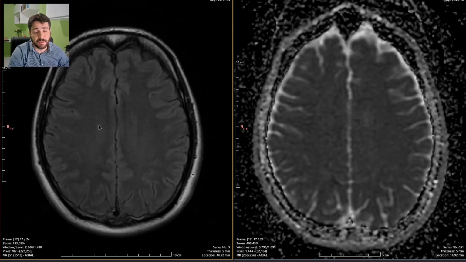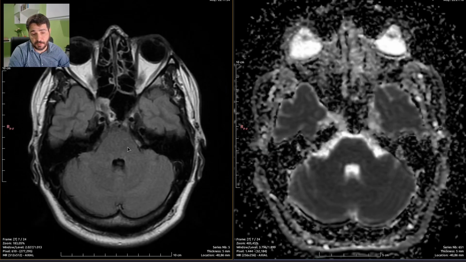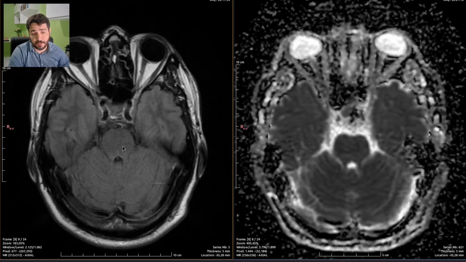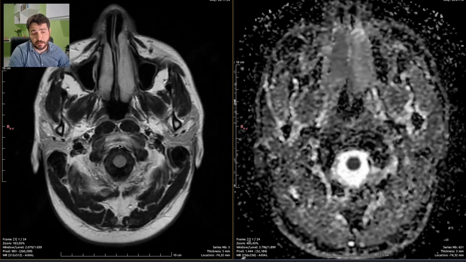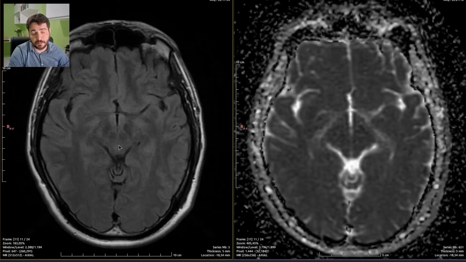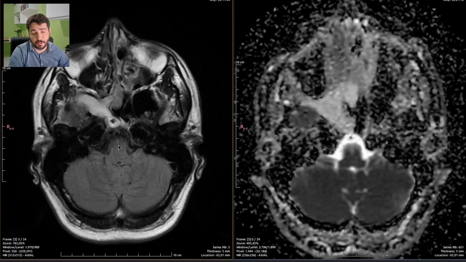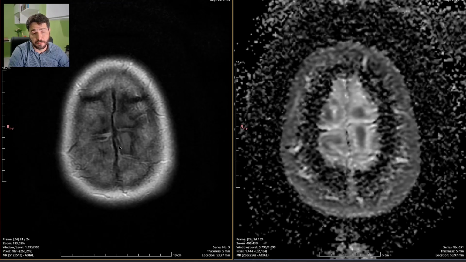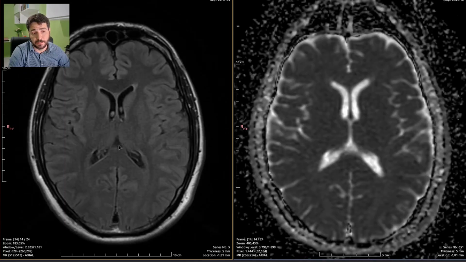This should be related to some kind of nonspecific, mild, really tiny demyelination or gliosis that is quite common and so often asymptomatic.